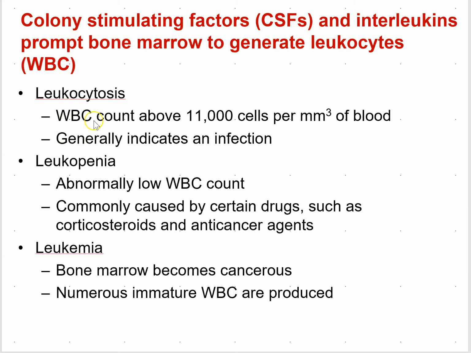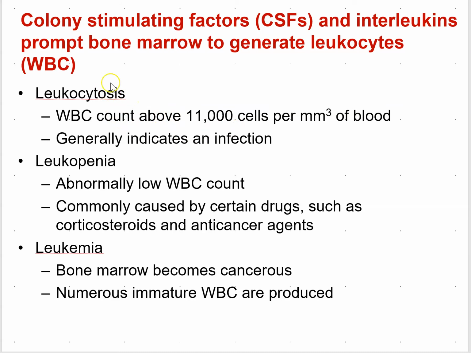And in a normal person, the white blood cell count is below 11,000 cells per cubic millimeter of blood. Now, when the count of WBCs goes beyond 11,000, it is a good indication of an infection.